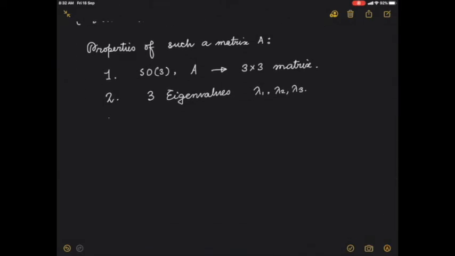Let us call them lambda 1, lambda 2, and lambda 3. We know A is orthogonal. It's rather special orthogonal, so the determinant of A equals 1, right?